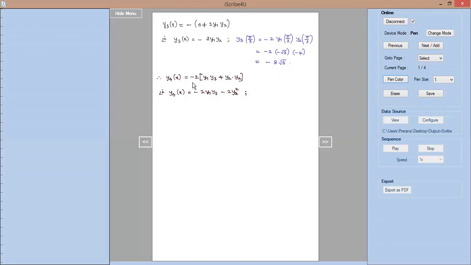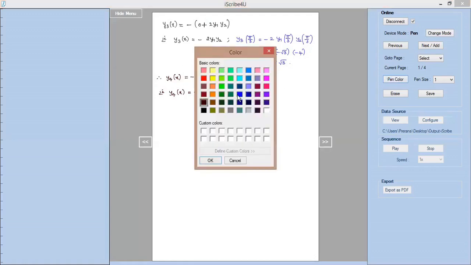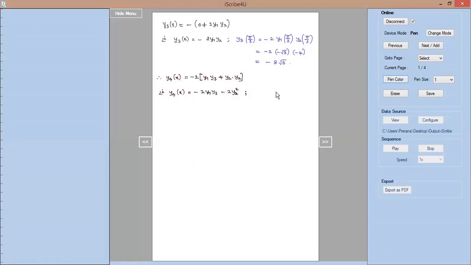So multiplying minus 2 inside, it is minus 2 y1 into y3, plus minus 2 into y2 gives us y2 square. Now at the given point, let us find out y4 of pi by 3.